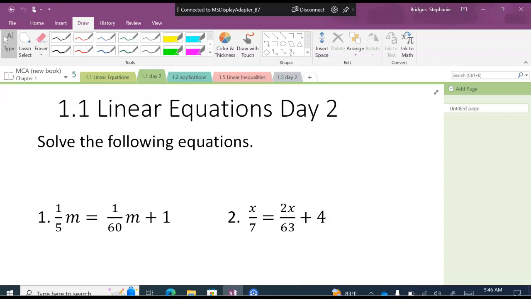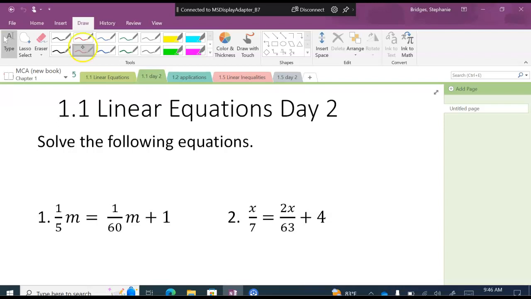60, right? So my common denominator, in order to get rid of that 60, is going to have to at least be 60, if not higher. So what I do is I always look at the bigger denominator, and then I look at the other one, and I say, okay, does that other denominator divide evenly into the bigger one? Does 5 divide evenly into 60? It does. So we're going to use our common denominator.